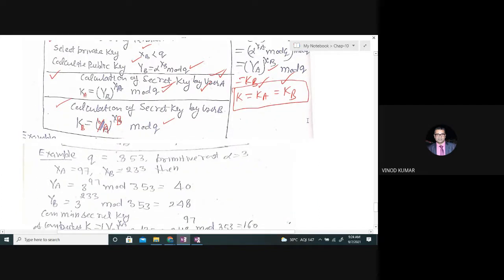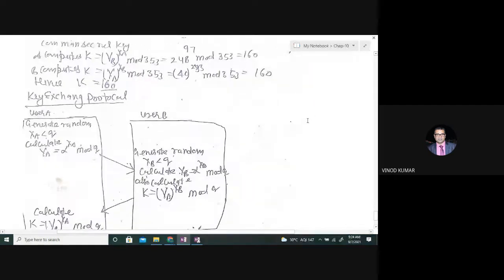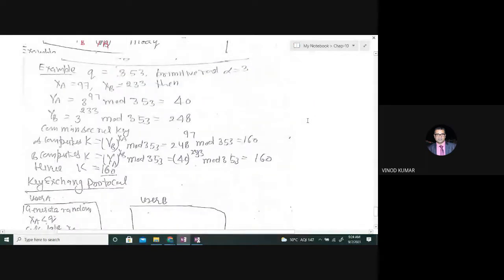Now, let's discuss a simple example here. Q is given as 353. Alpha is 3. Choose x_a and x_b as given. Then compute y_b, which is 248.